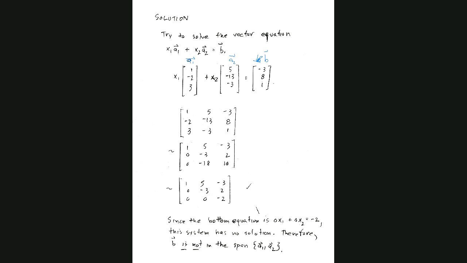Right, so we always start out with the vector equation. On your first exam, for this kind of question, I would want to see the vector equation right at the beginning.